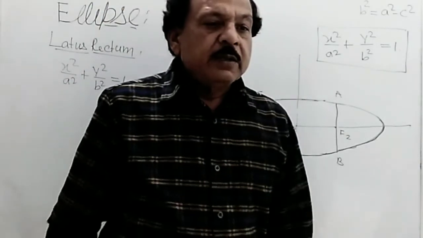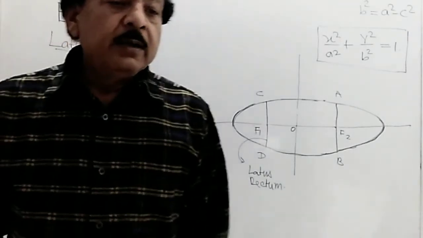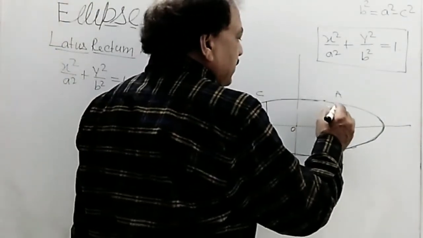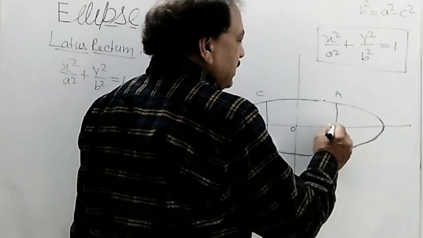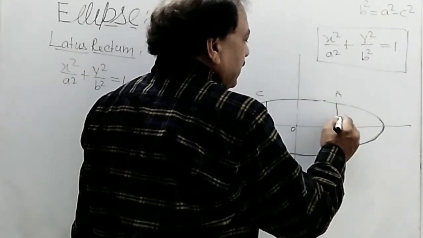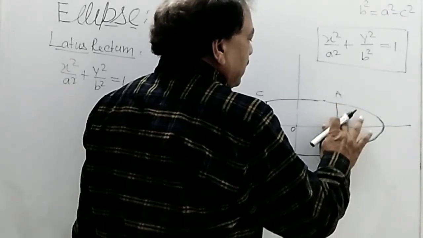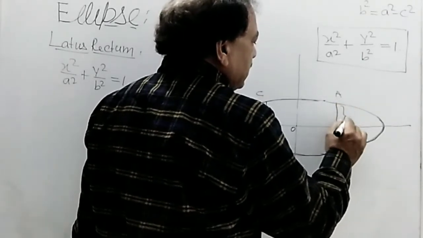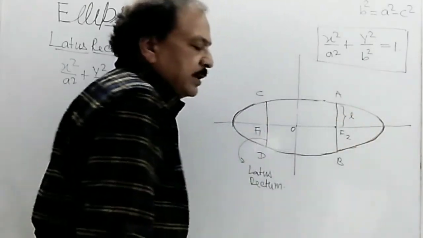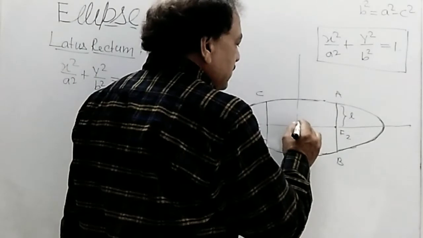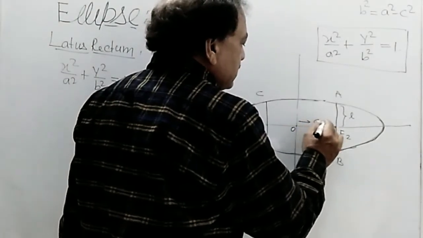Now let us see how you find the latus rectum. To determine the latus rectum, consider this AF2. Let this be L, and this distance from the center to the focus is known as c.